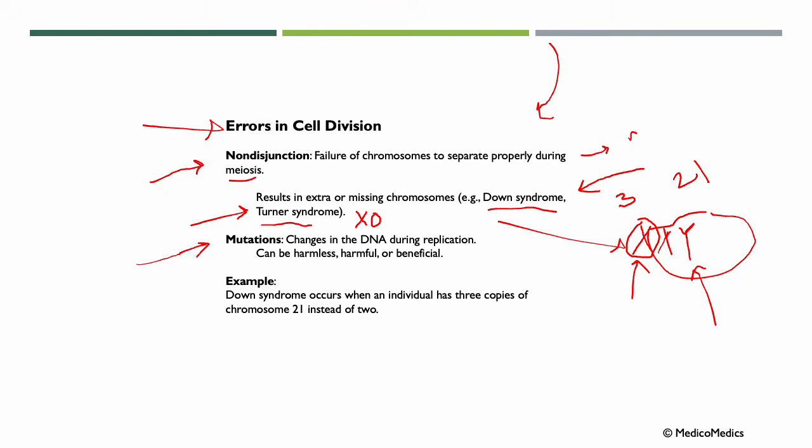Now, mutations, so changes in the DNA during replication, can be harmless, harmful, or beneficial. Now, the impact of these issues is that they can develop developmental delays, physical abnormalities, and even reproductive issues.